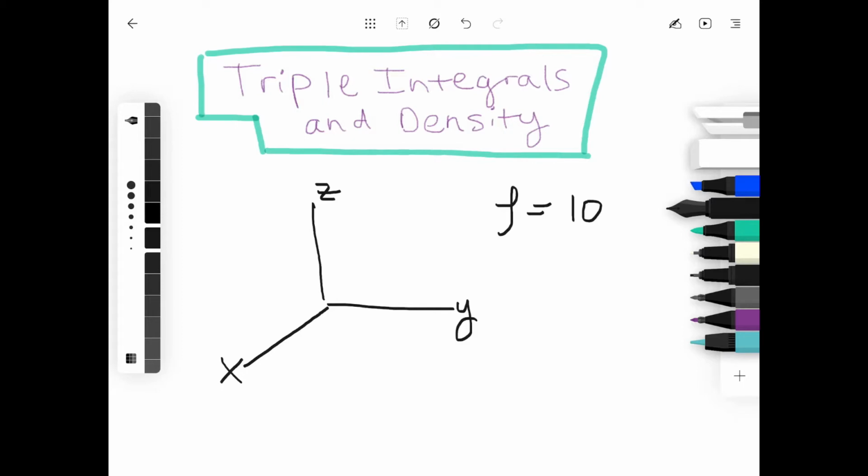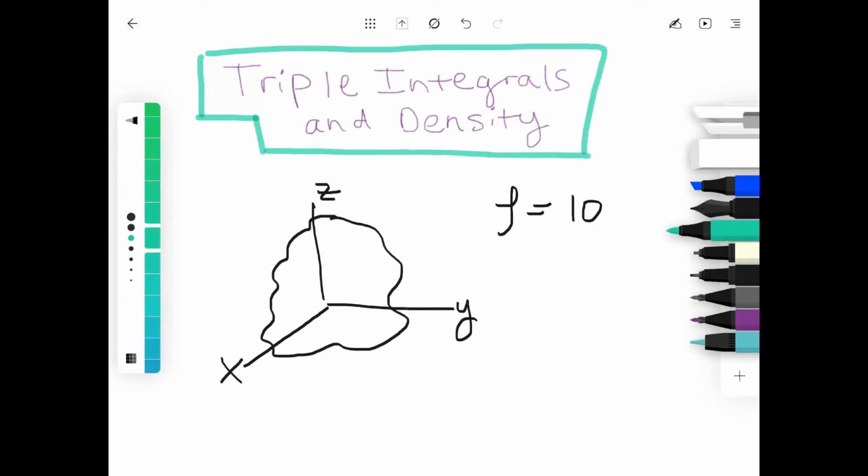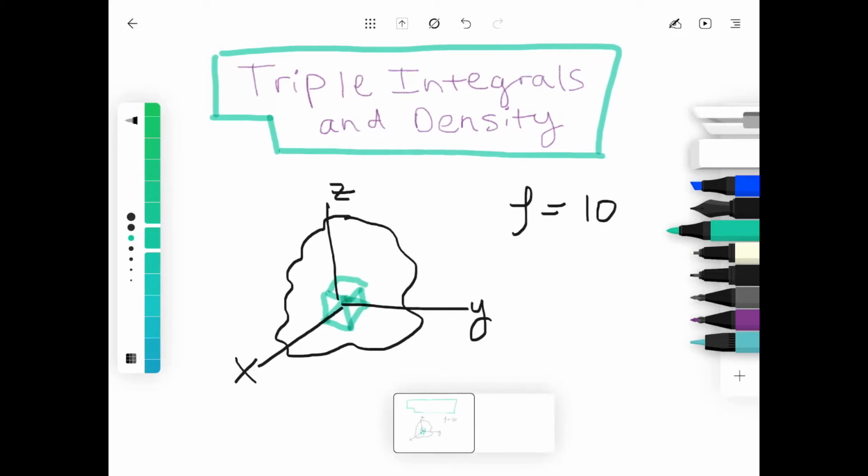So we have some arbitrary solid in the x, y, and z plane. We're going to imagine that we are taking many small and tiny little squares to fill up this region.